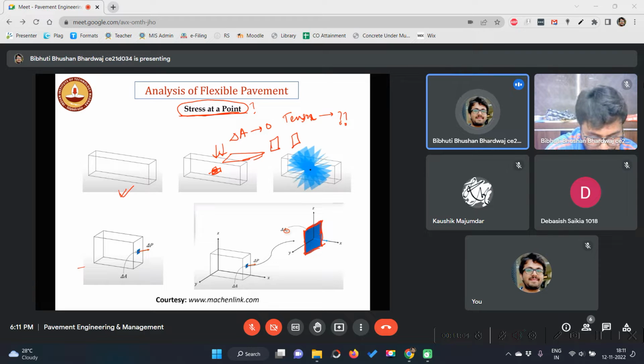This surface is on the YZ plane. How is the direction of a surface defined? You must have learned these things in solid mechanics, right?